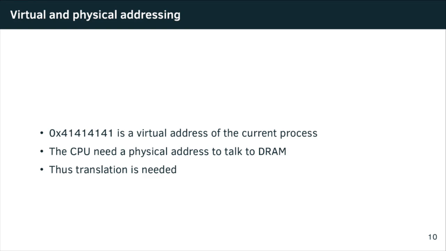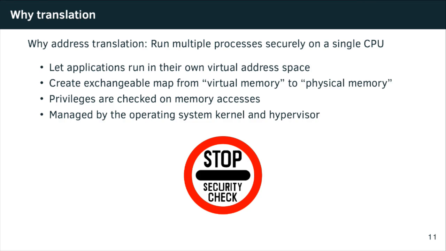And the first thing that happens when we run this move instruction is that we discover that the 4141 in the last slide is a virtual address of the current process. However, the CPU needs a physical address to talk to DRAM, and consequently we need to do a bit of translation. So why do we need to do translation?